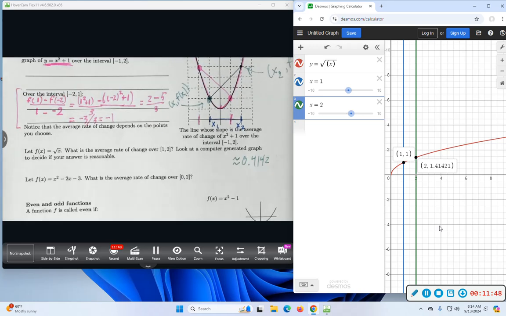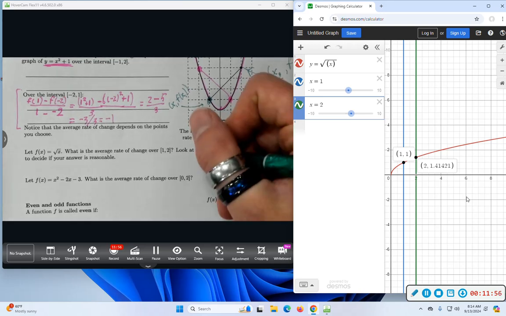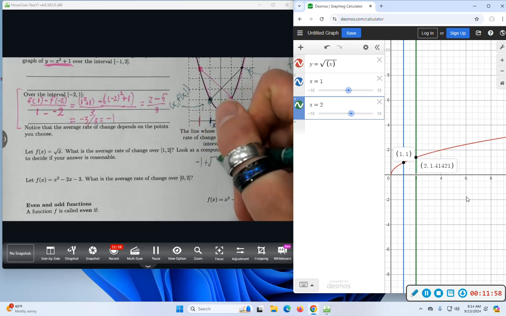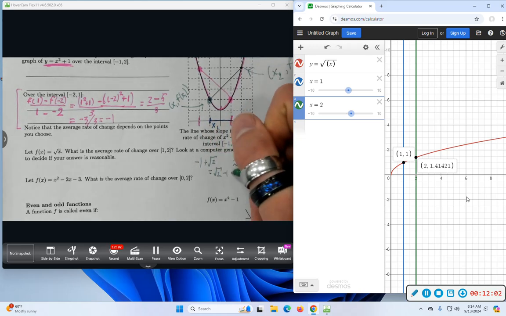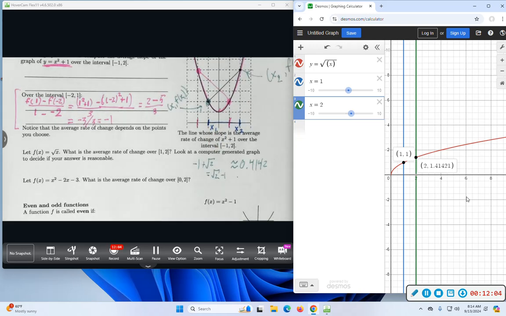Cool. Did you also get an exact value? Negative 1 plus the square root of 2. And maybe you'd want to simplify that to root 2 minus 1. That's not so important a simplification unless you want to use the formula a bunch more.